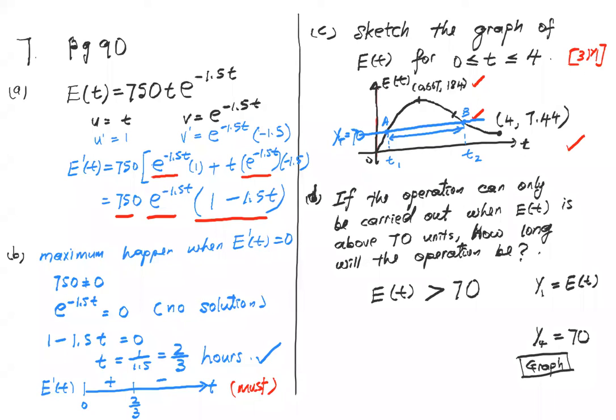Second trace, then you will see the word intersection. Then you just bring the cursor near to the point that you want. Okay, good. So may I know what is t1 and what is t2? To do this, it's better to use the graphical method than to use solver.